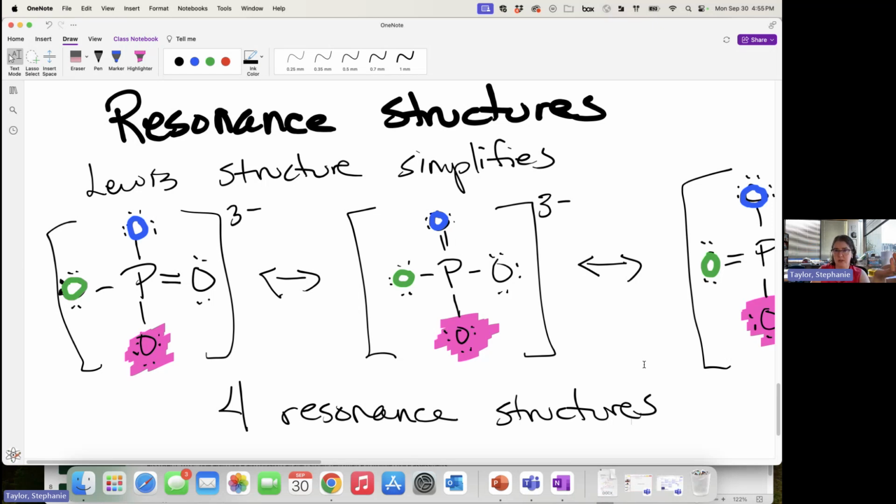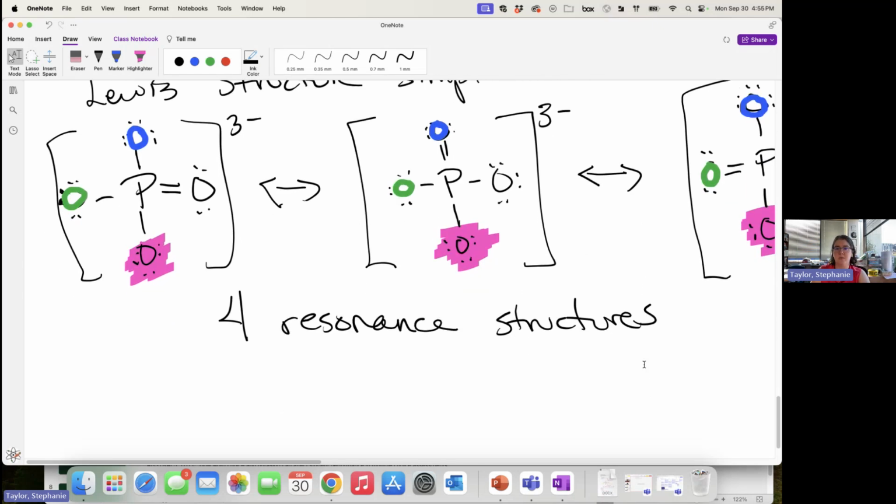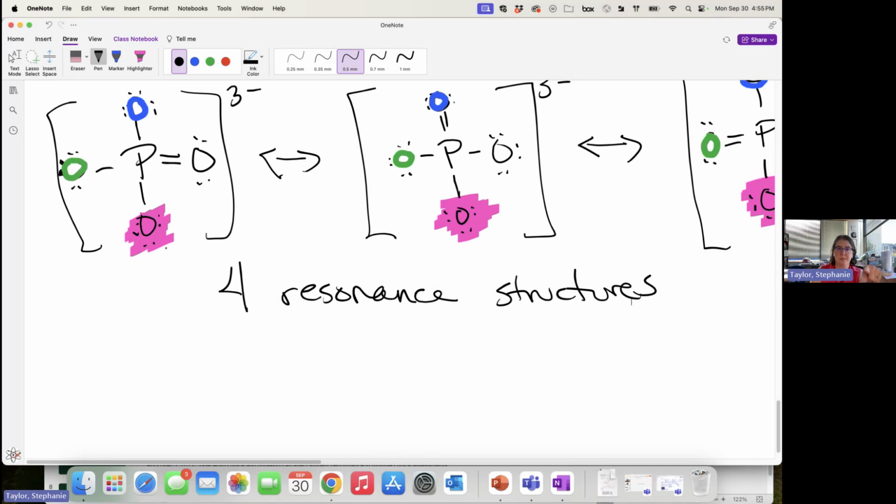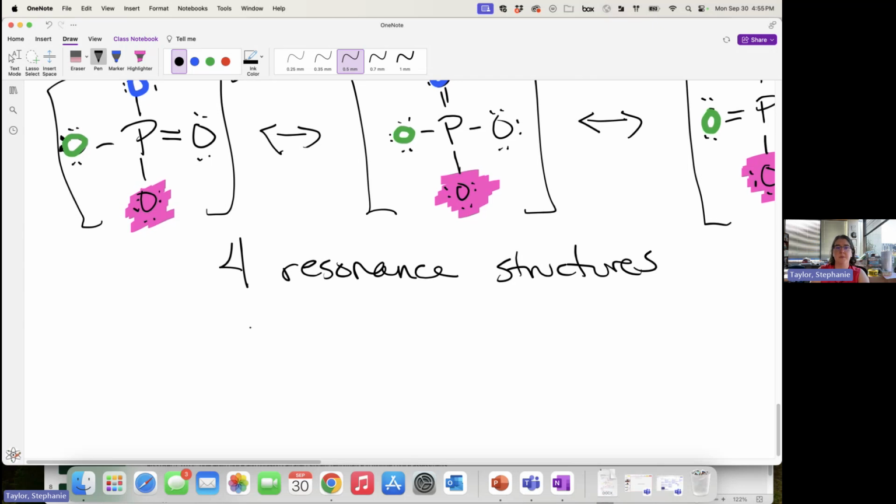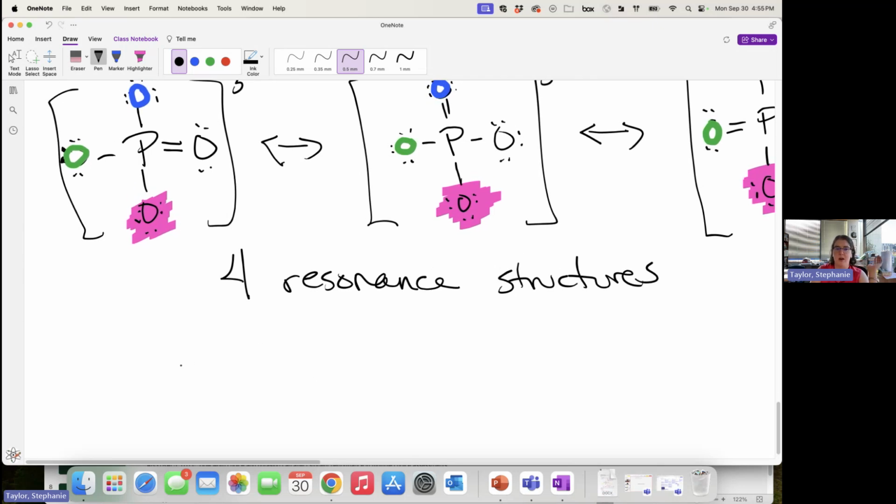Now, the reason why we say the Lewis structure kind of simplifies is because really that double bond is actually in all of those places at the same time. If you do some looking on various websites, what they'll draw for you is this notion of half bonds.